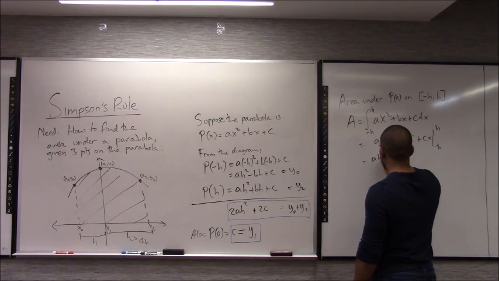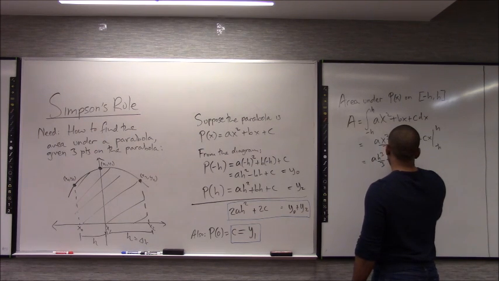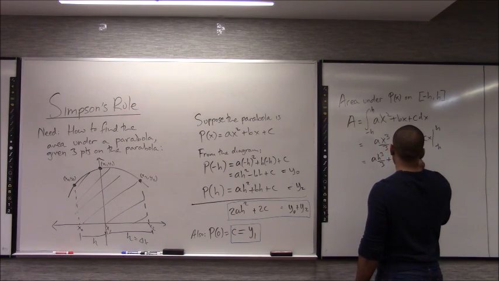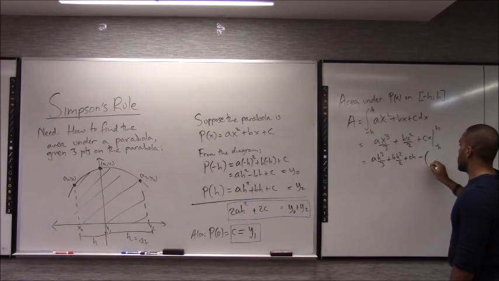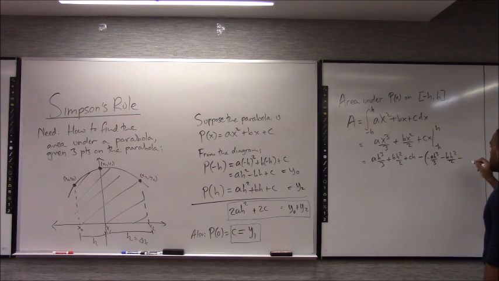You evaluate this, you get ah cubed over 3 plus bh squared over 2 plus ch, minus, now you take all the negatives, so this is going to be minus ah cubed over 3 minus bh squared over 2 minus, well, this is actually going to be a plus, minus ch.